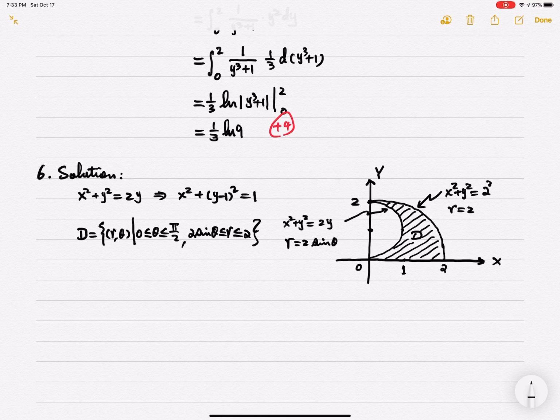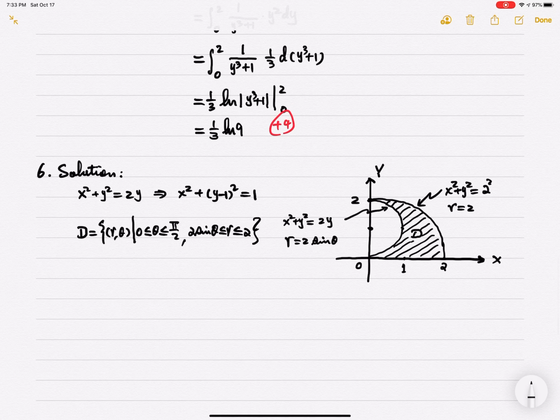Once we describe that, we can integrate this easily using polar coordinates, the integral of x dA. This is equal to the integral from 0 to pi over 2, r from 2 sine theta to 2, and the integrand is x equal to r cosine theta. Now dA is equal to r dr d theta, remember?